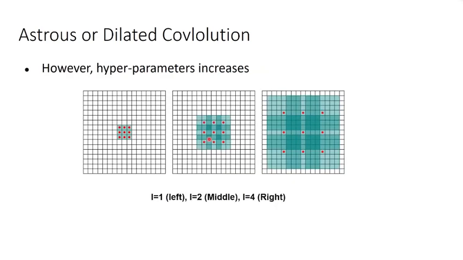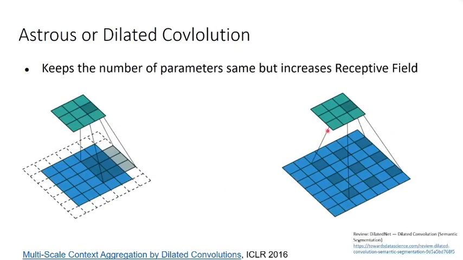So instead of having a filter like this one, you create a filter like this one. Okay, so you have these empty spaces in between them. Now receptive field is increased, but parameters remain the same. Okay, so learned parameters remain the same, but your receptive field is increased. Okay, so this you can see now in this animation.